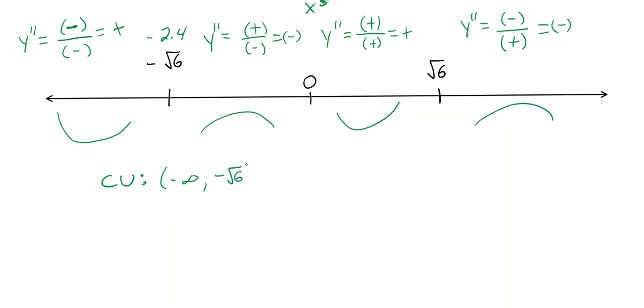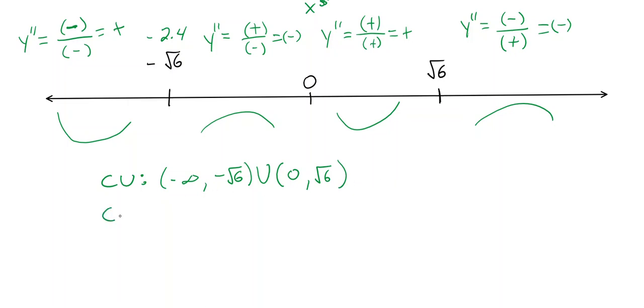It's changing from one to the other right at the negative square root of 6, so it's not going to include that point. It's going to be a round bracket because it's an inflection point in between those two things, so it doesn't include that point. Okay, and then it'd be unioned with, so there's the big U, or a cup, and then from 0 to square root of 6. And that's it. That's my region, right?